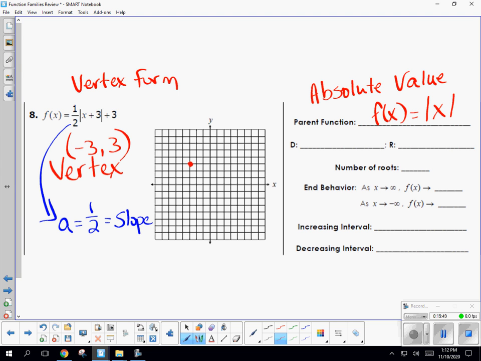So our slope, we're going from our vertex, we're going to rise 1, and we're going to run 2. So up 1, over 2. Up 1, over 2, and so on. Now remember, this creates a V, so instead of going down 1 and back 2, we're going to go up 1 and back 2 to create our V here. Looks like so.